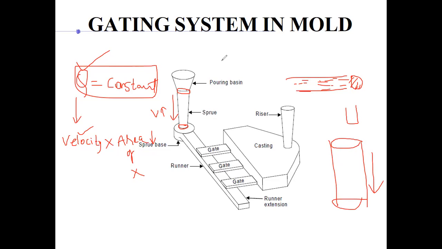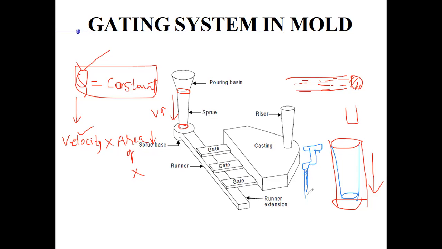Let me draw it with another color. It will be like this. Because the velocity has increased here, the area of cross section that is required is less. You can observe this when you open the tap. If you open a tap here at your home, you can observe that when that fluid is flowing, there will be a thicker cross section here.